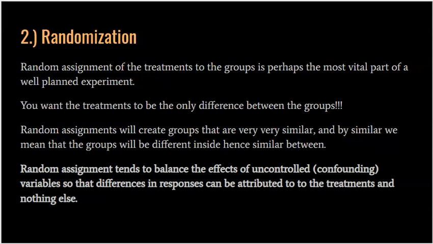What we want when we create our treatment groups is we want 2 or more groups that are very, very, very similar. The only thing that we want to be different about those groups is what we assign them. So if I'm going to make 3 random groups of people, 50, 50, and 50, I want those groups to be very, very, very similar.